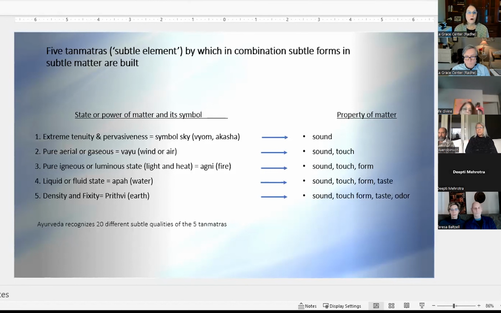And they noticed that there was one sensible property by which we could sense the existence of this particular element, which they eventually called akasha, and that is its sound, shabda. So sound is the first evolved property of material substance. Right? And we know that in the Bible, in the beginning was the word, right? The word is sound. So sound perceives form, and sound also has the power to create and destroy it.